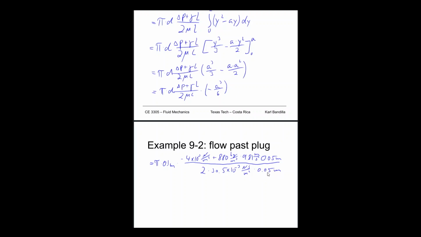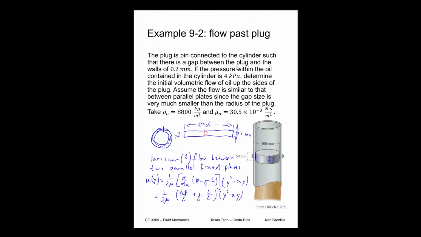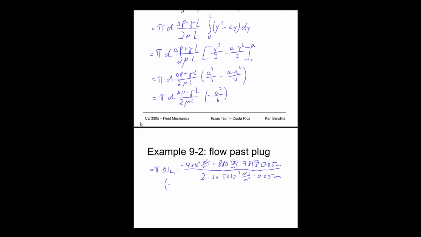meters. Let's not forget that we still have to multiply by our last term here. So we have to multiply that by minus A over 6. A is given to us as 0.2 millimeters.